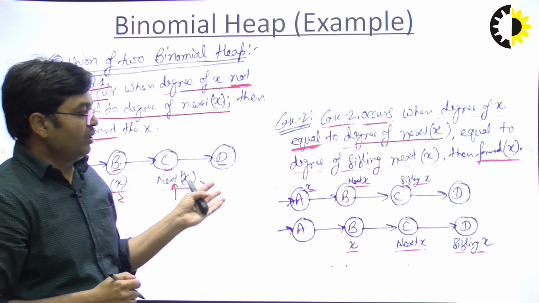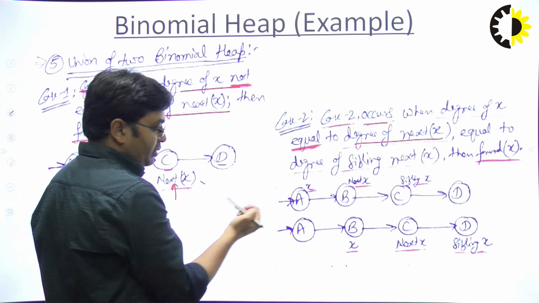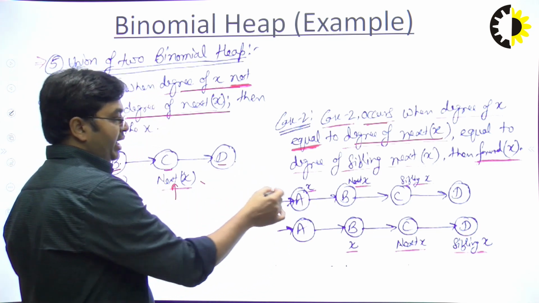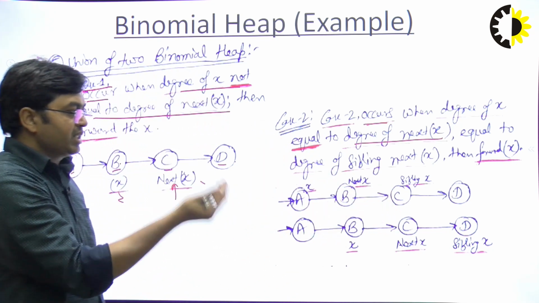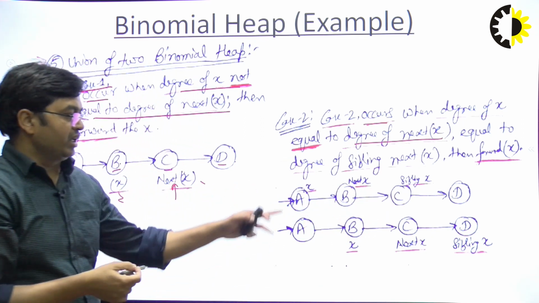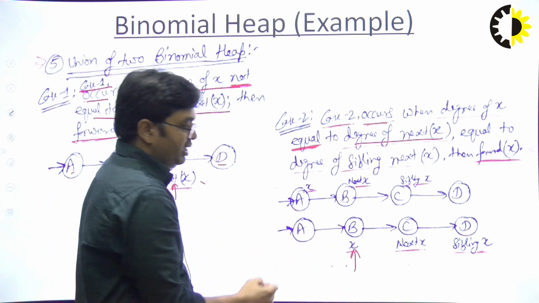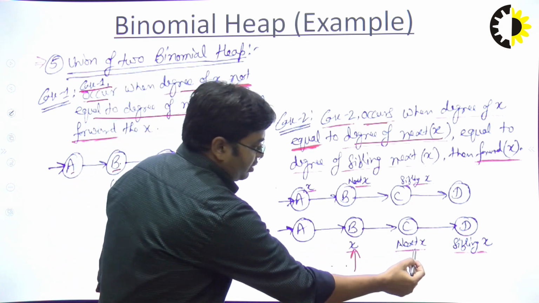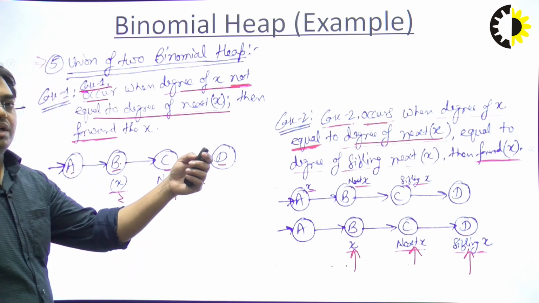If all the degrees are the same, then we start from x, first node a, which is at present in the first case x, this is the next of x, and c is the sibling of next of x. Similarly, when procedure 1 or recurrence 1 is completed, then x becomes b, and the second time x is b, next of x is c, and sibling of next of x is d, when we have the same degree.